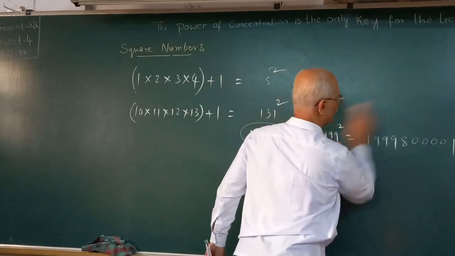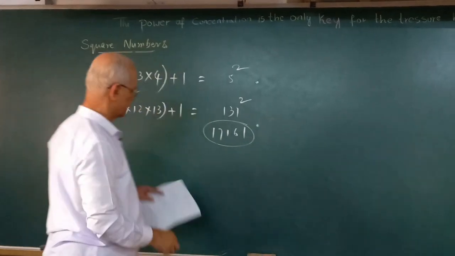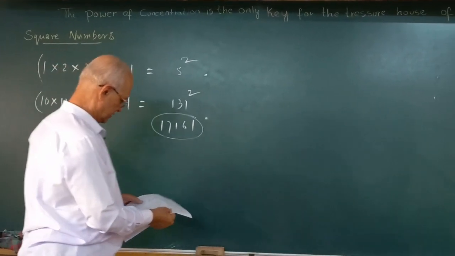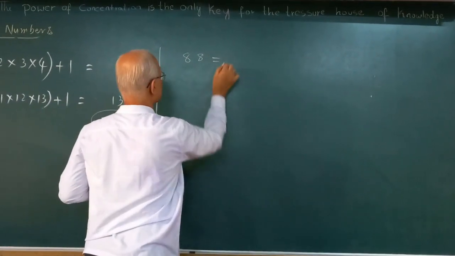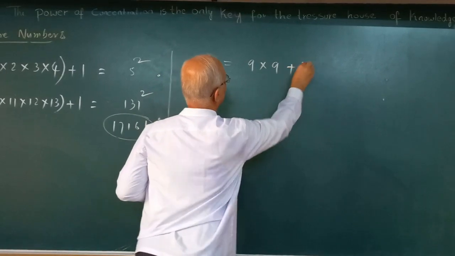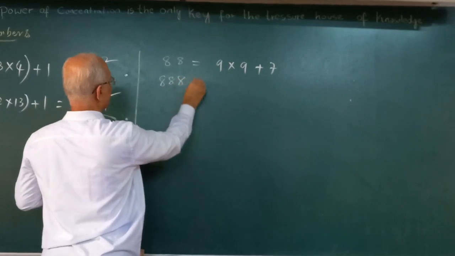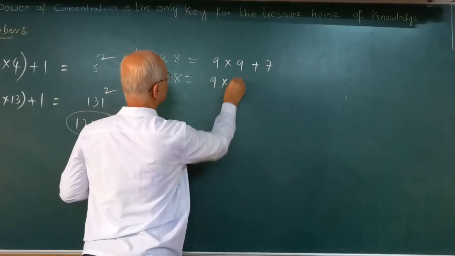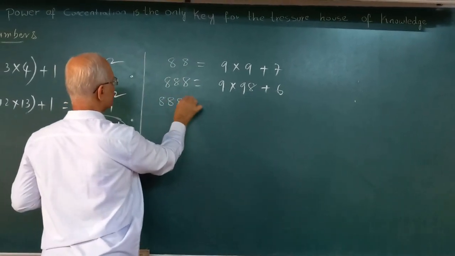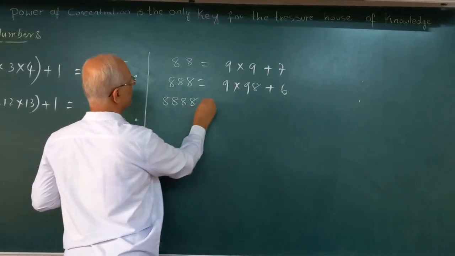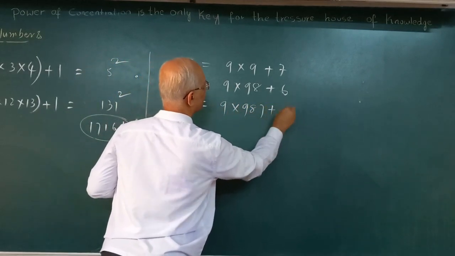Now we shall take some more examples to show how mathematics is beautiful. Let me take this number. 8 can be written as 9 into 9 plus 7. Is it not? 88 can be written as 9 into 8 plus 6. 888 is nothing but 9 into 7 plus 5.